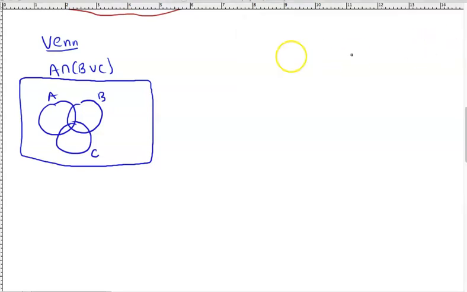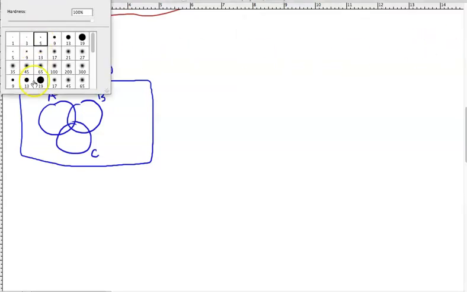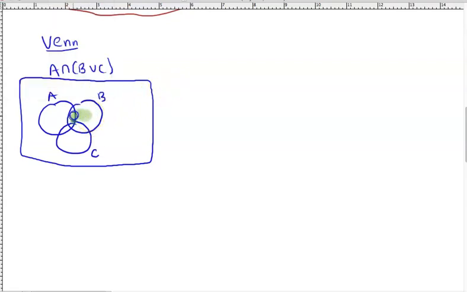Let's do green. B union C is going to be the union of B and C. This right here. And now we want the intersection of A with B union C.